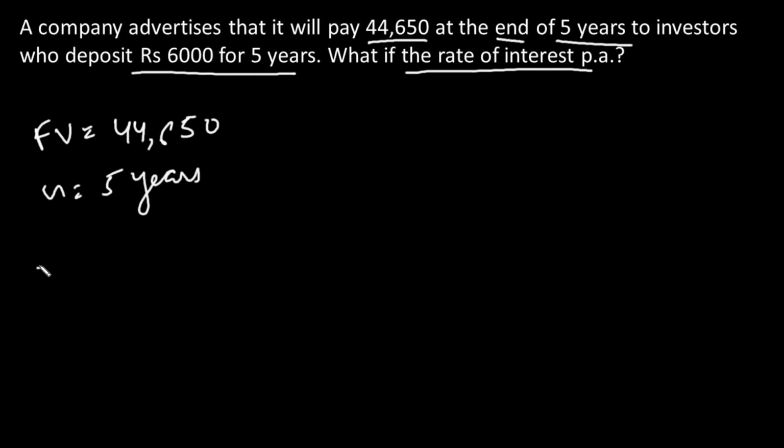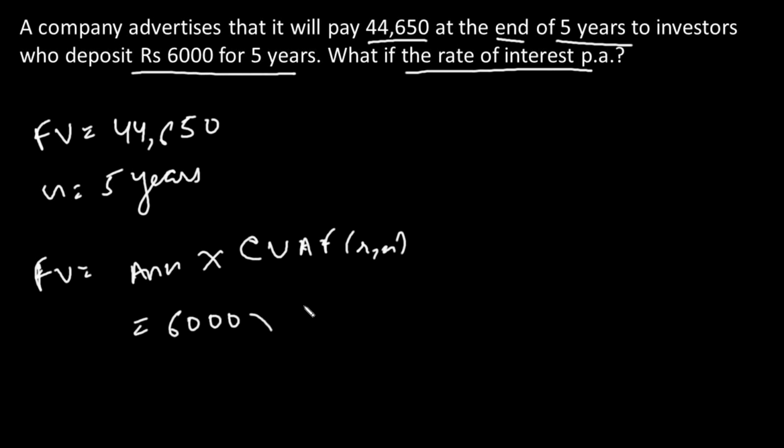So basically हमारा formula was FV is equal to annuity amount into CVAF R and N. यहाँ पे our annuity amount is 6,000 into CVAF. R is not given and we have 5 as N and future value is 44,650, right?